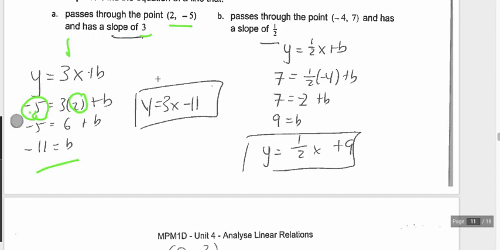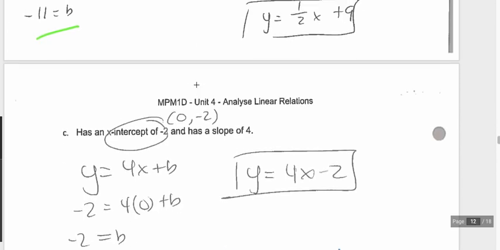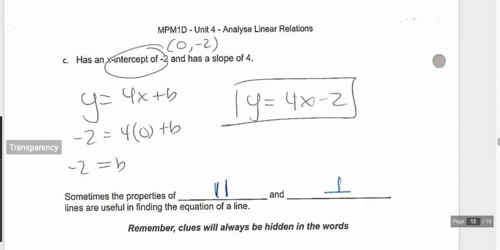Sorry, there's another one like that here, so I got ahead of myself. You might get a tricky question like this. I'm going to go back to the pink or purple. It has an x-intercept of minus 2 and a slope of 4, and you say, wait a second, I don't know enough here. If I knew the y-intercept, I could just go ahead and jam that in.